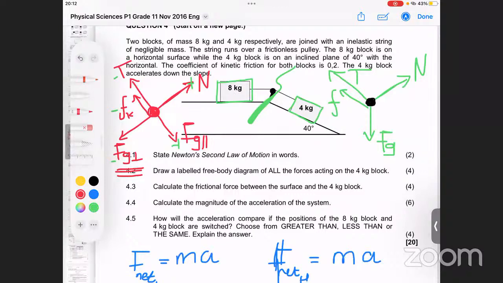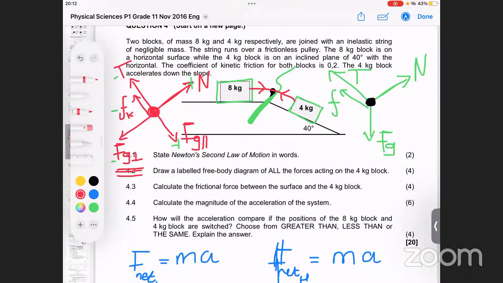What you must know is that the reason you use simultaneous equations is that this tension is experienced the same by both objects, but in opposite directions. For example, this string on the 4 kg is pulling it in that direction, after you've separated it. But on the 8 kg, it is in that direction.